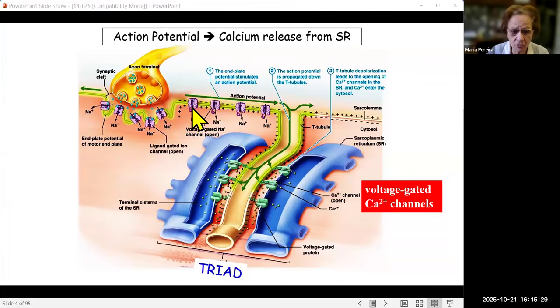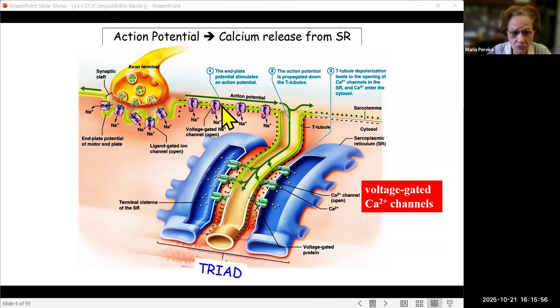That means they're closed, and when the membrane potential goes from minus 90 to minus 60, they open up. And now sodium goes into the muscle fiber. So you have lots of sodium coming in, and the voltage now goes from minus 60 to plus 30 millivolts.